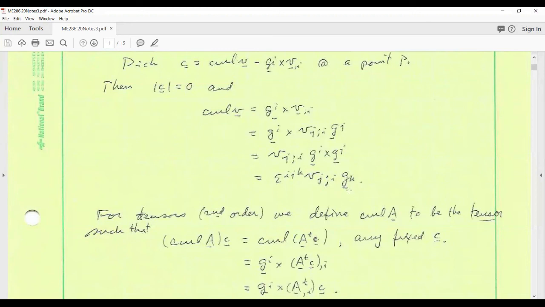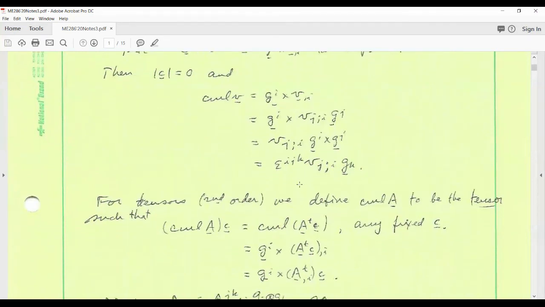Then we have the transformation formula for the g's. Curl v is independent of any coordinate system, so these must transform as the components of a third order tensor, and you will investigate that now in your new homework.